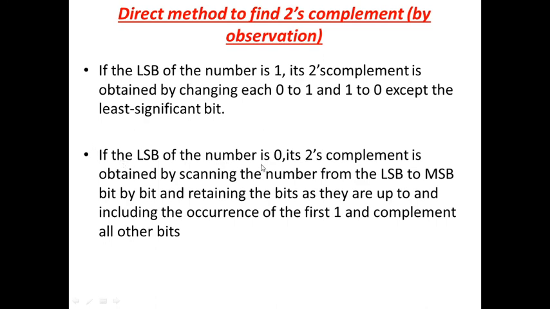If the LSB of the number is 0, its 2's complement is obtained by scanning the number from LSB to MSB bit by bit and retaining the bits as they are up to and including the occurrence of the first one and complement all other bits.